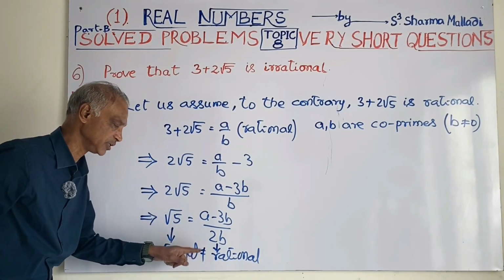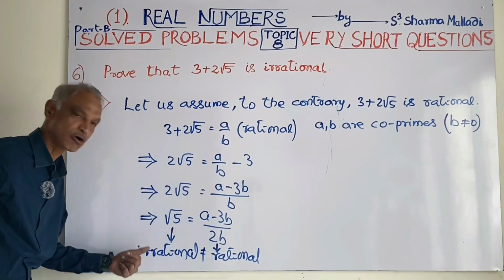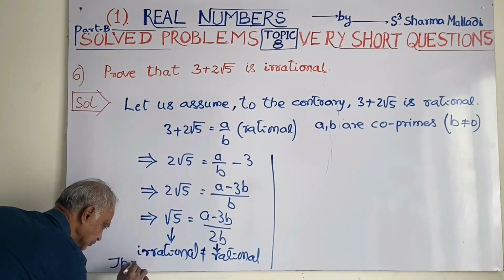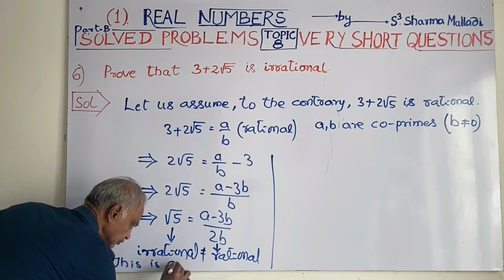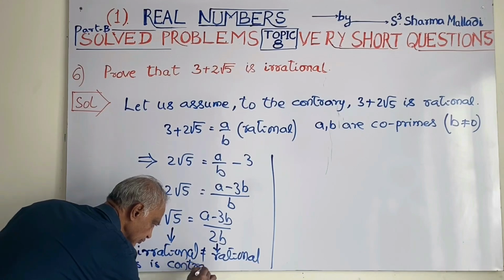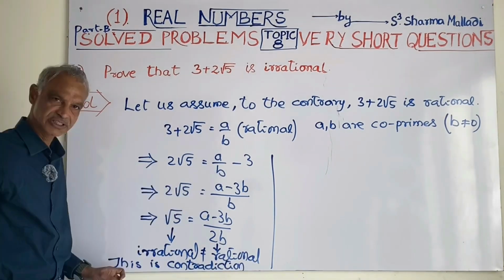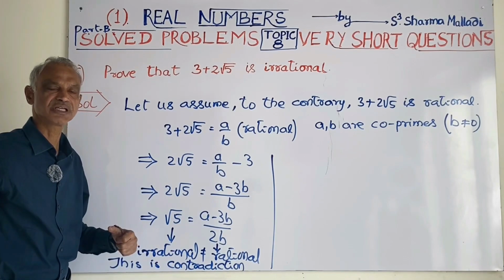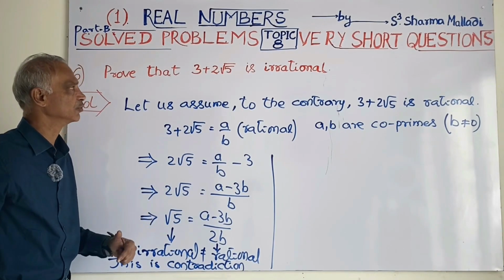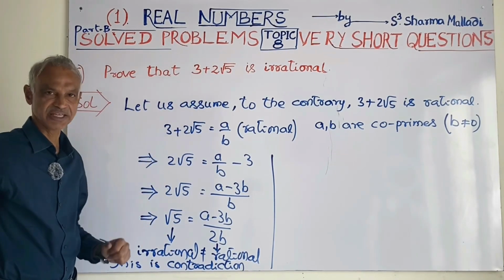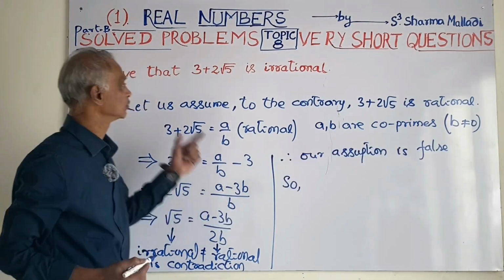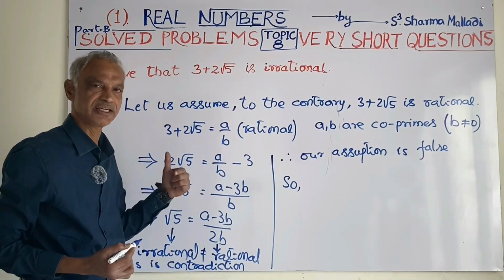Irrational cannot be equal to rational. This is a contradiction. Our assumption is false. Therefore, 3 plus 2 root 5 is irrational. So, 3 plus 2 root 5 is an irrational number.